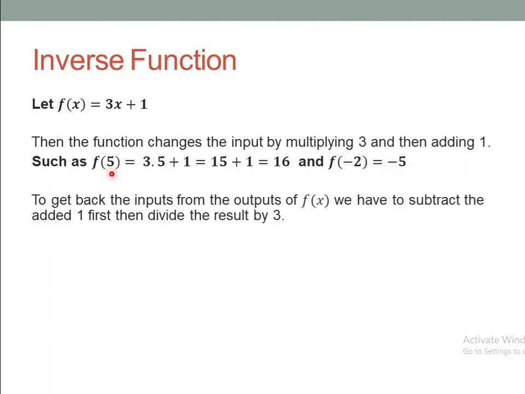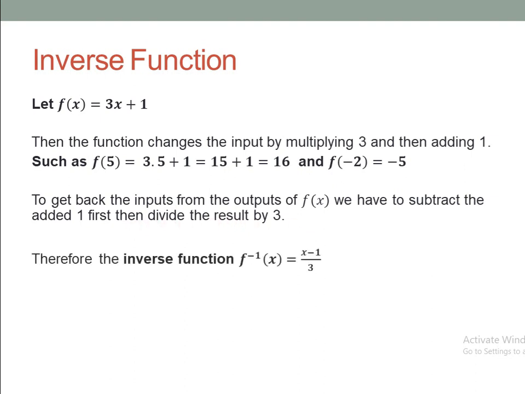Now, if we want to get back the input from the output, say you are given 16, you want this 5 back. What you have to do? You have to subtract this 1 first, then divide the result by this 3. So to get back the inputs from the outputs of f of x, we have to subtract the added 1 first, then divide the result by 3.